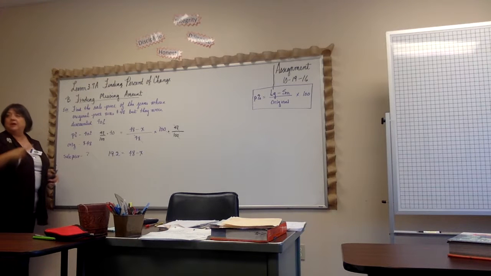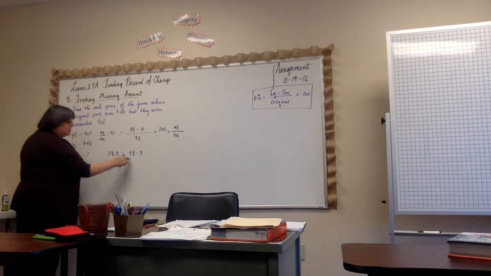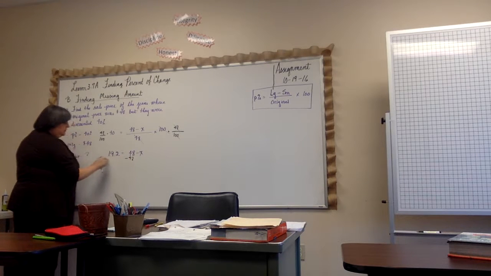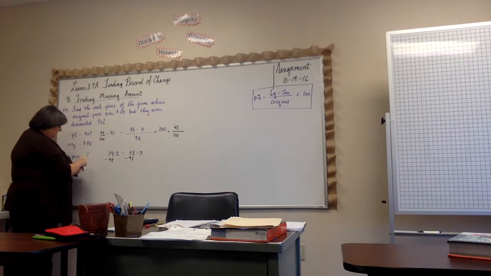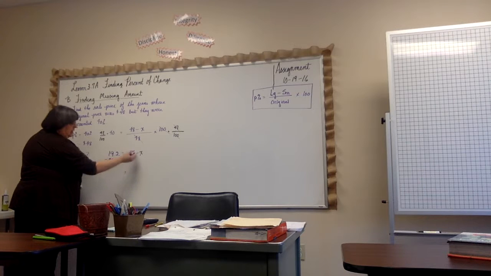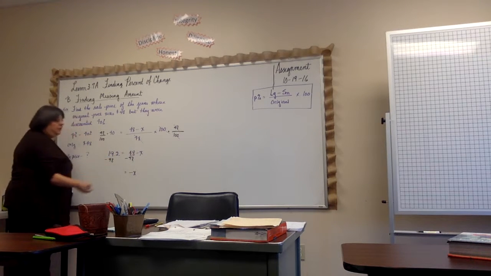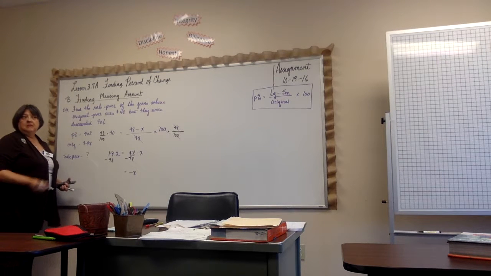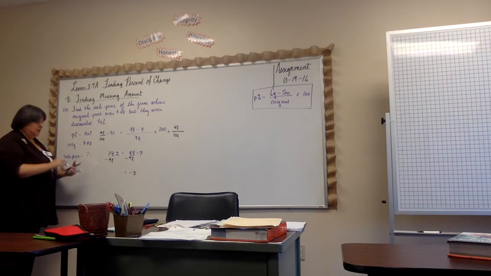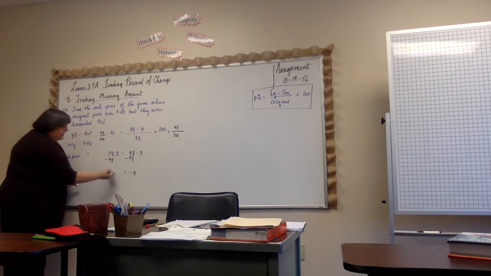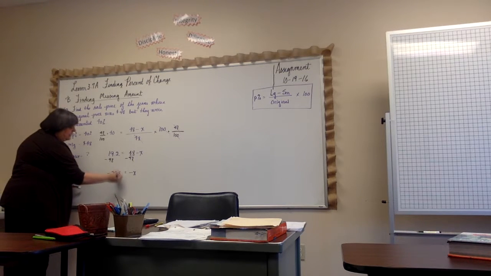Next, still trying to get the X alone. So I'm going to subtract the 48. Now notice that that still leaves a negative on the X. It has the subtract X. On this side, it would be negative 28.8.